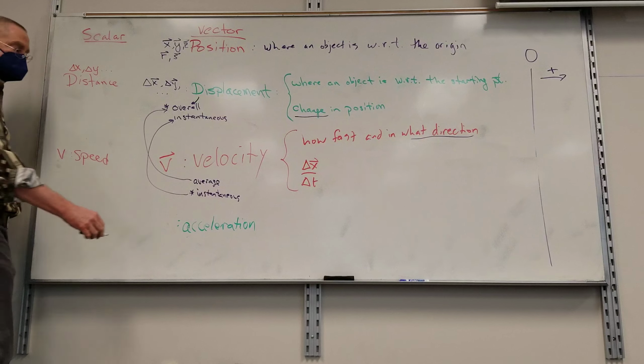We can define it as, I guess, the time rate of change of velocity, which doesn't necessarily mean a whole lot, but it's basically how much the velocity changes divided by time.